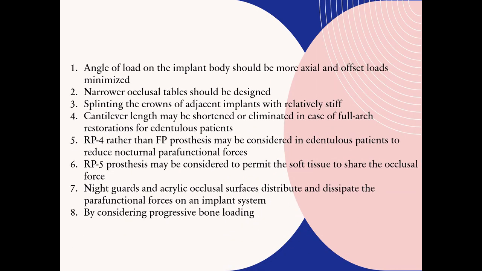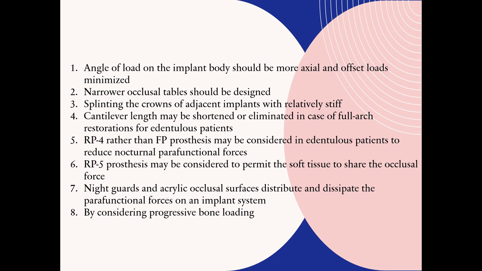So to decrease the incidence of microfracture of the bone, the stress and strain to the bone should be reduced. That means we have to reduce the biomechanical overload. And there are several ways by which you can do this. You can make the angle of the load more axial and prevent offset loads.